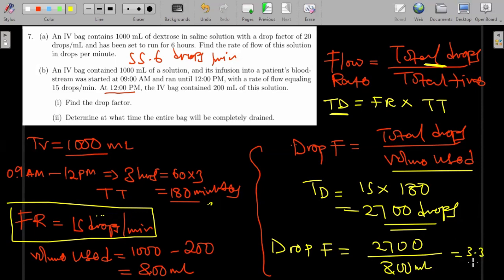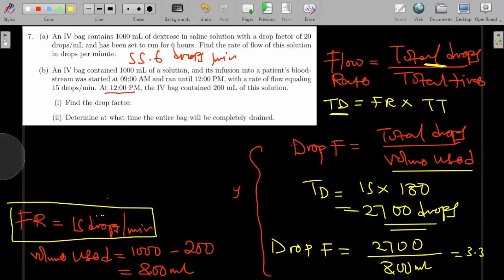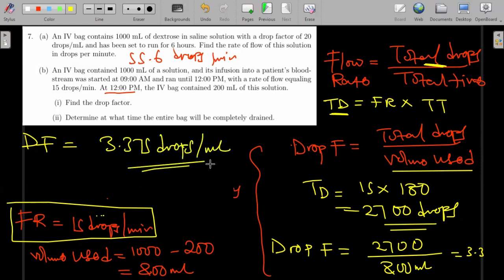In fact, this is exact. So the drop factor, the DF, when I divide this, gives me 3.375 drops per milliliter. So this is the drop factor. We've answered the first part.